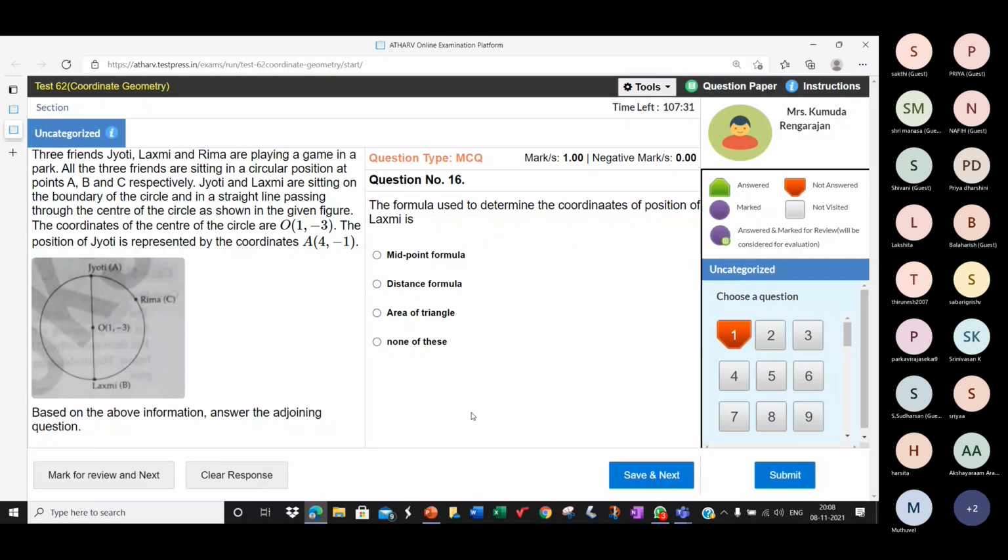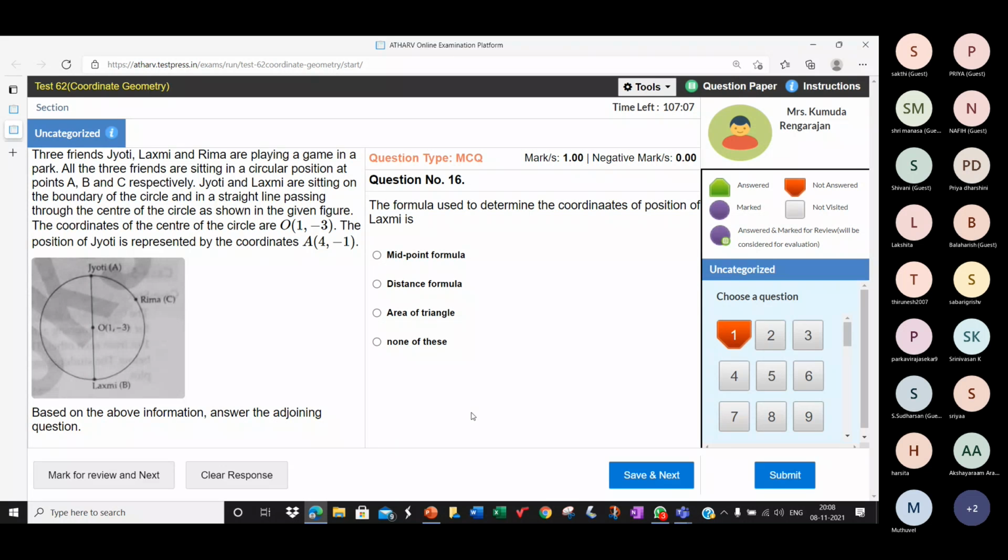So 3 friends, Jyoti, Lakshmi and Reema, are playing a game in a park. All the 3 friends are sitting in a circular position at the points A, B and C respectively. Jyoti and Lakshmi are sitting on the boundary of the circle in a straight line passing through the center of the circle as shown in the figure.